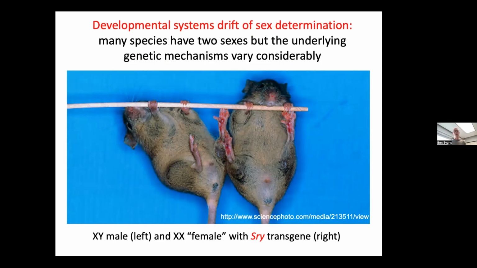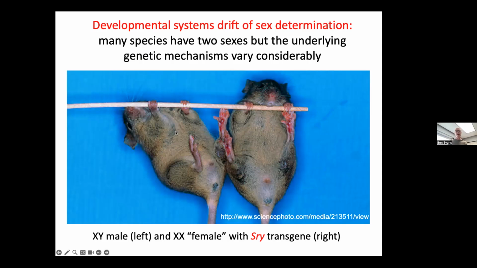And so, for example, you can take a mouse, and this has been done, that's a genetic female that has two X chromosomes. And if you add in the SRY gene, which is normally on the Y chromosome, and it's expressed and gets translated into a functional protein, you can sex reverse that genetic female into a phenotypic male. And that's what's shown here.